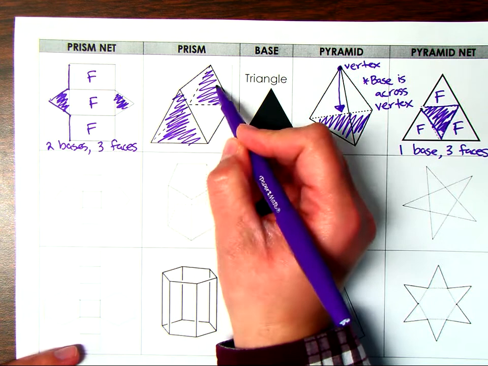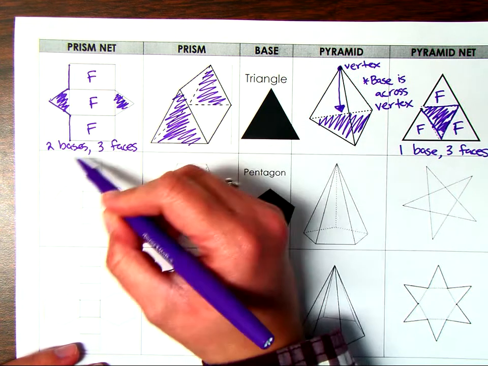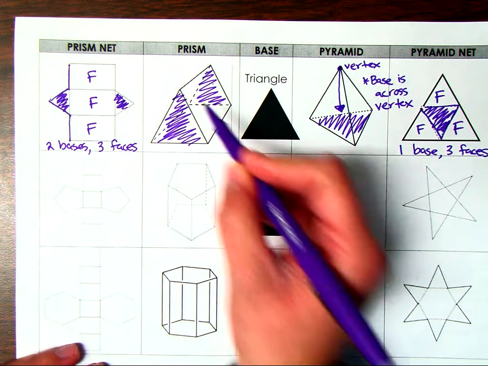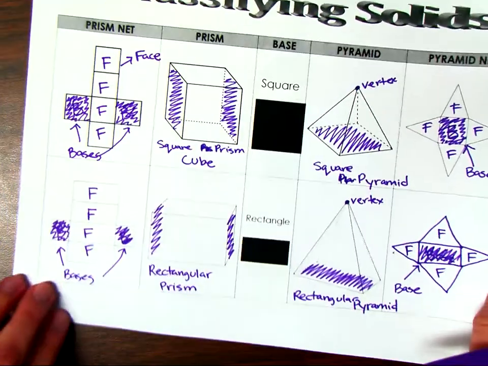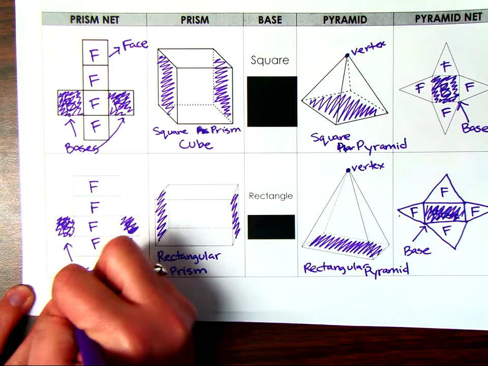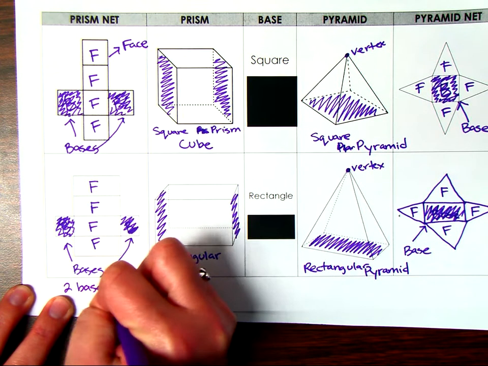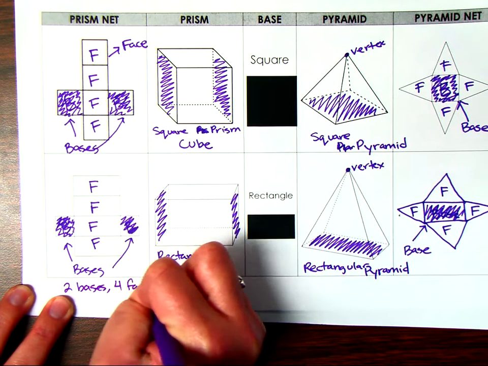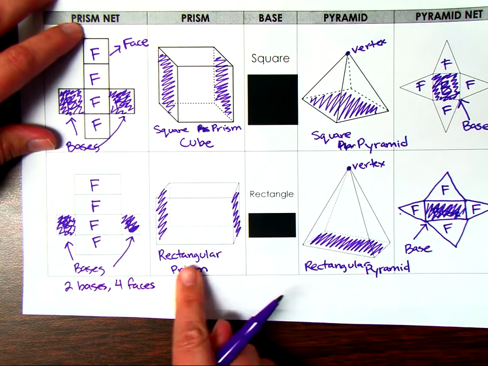So if there's two triangles in the prism, it's going to be a triangular prism because all the other shapes are rectangles. And then if you look over here, this one has two bases and four faces in that rectangular prism.